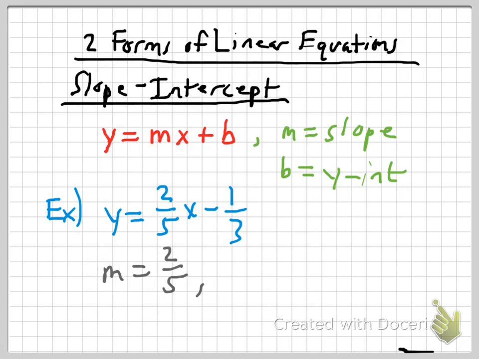Another way of saying that is to say that the graph passes through the point (0, -1/3). Most technically, b is the y-coordinate of the y-intercept. That's what you see right here. And the x-coordinate of a y-intercept for any graph is always 0. So slope-intercept form, y equals mx plus b. We're going to use quite a lot of that when we're writing equations of lines.